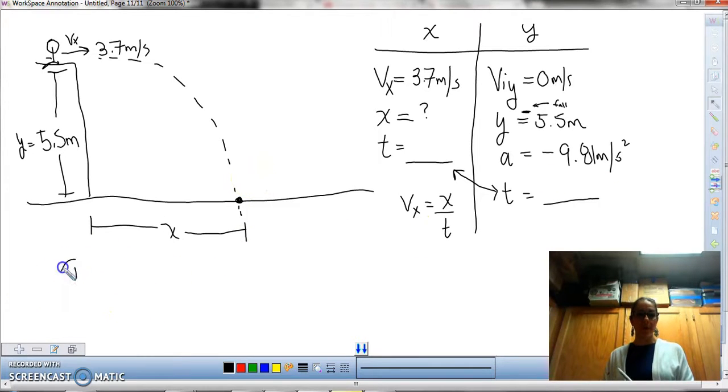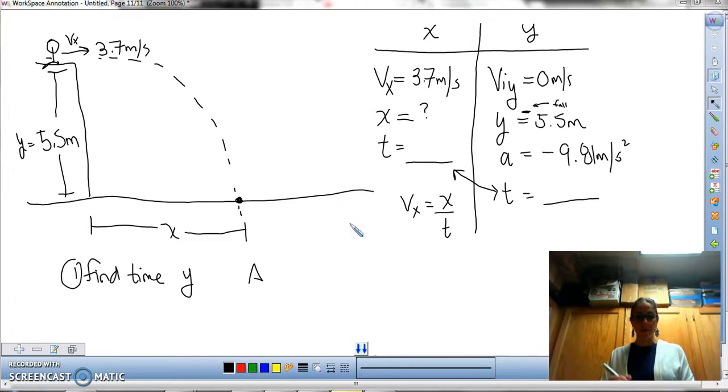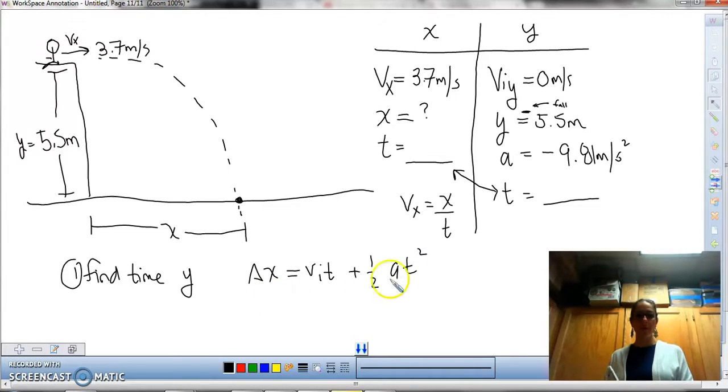That's exactly what I'm going to do. I'm going to find time in the y first. Here's the equation I'd like to use. I'm going to use this equation because as you can see, we have initial velocity, acceleration, displacement, and we're looking for time.